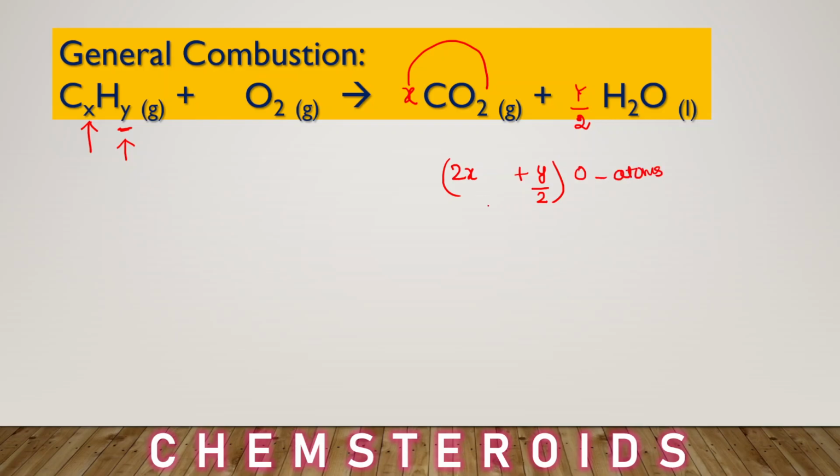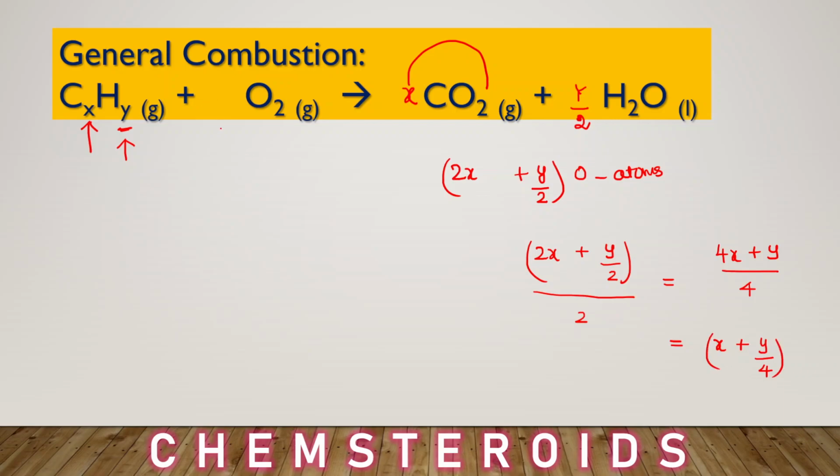And always we will divide this number by 2 to get the oxygen on the left side. So 2X plus Y by 2 is going to be divided by 2. That means here we can write 4X plus Y by 4. So this can be written as X plus Y by 4.